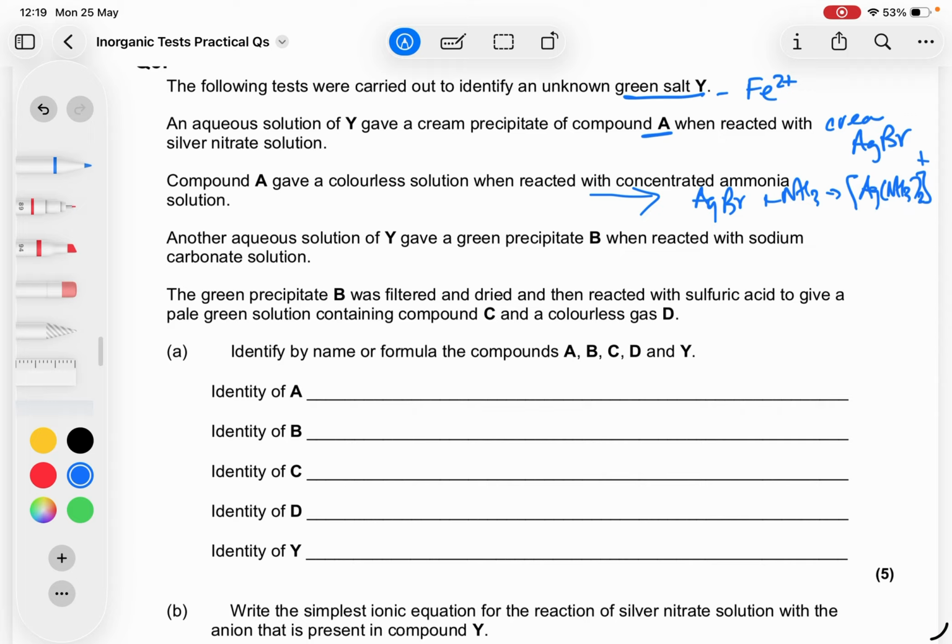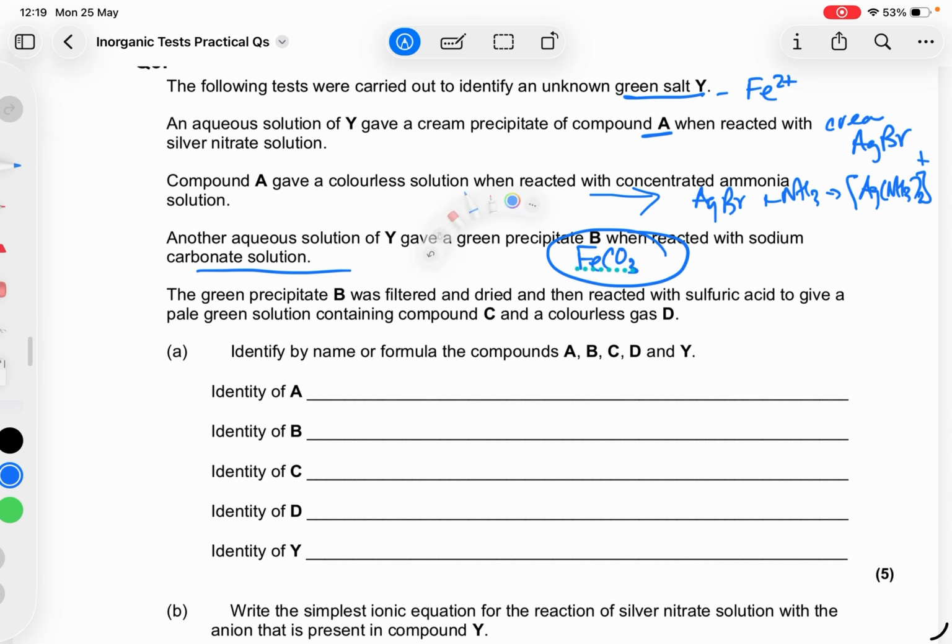Another aqueous solution gave a green precipitate with B, so that green when reacted with carbonate has to be iron carbonate, because when 2 plus ions react with sodium carbonate, you get a precipitate, either iron carbonate or copper carbonate. That would be the other possibility.